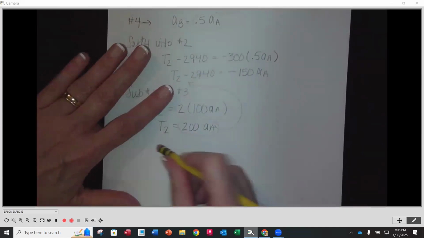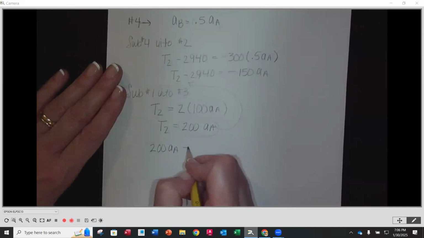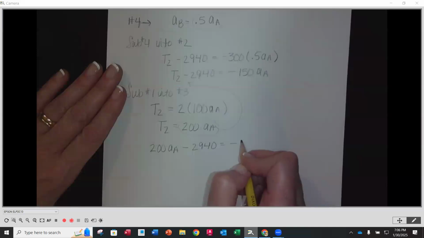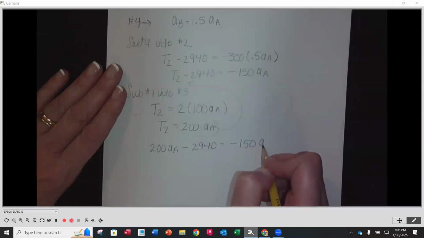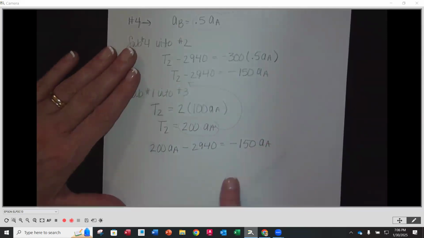Sorry, not T2. I want to put 200 acceleration A minus 2940 is equal to negative 150 acceleration of A. So I only have one unknown now. Now I'm going to take this 150 and add it on the other side, and take the 2940 and put it over there. So this is going to be 350 acceleration of A is equal to 2940.